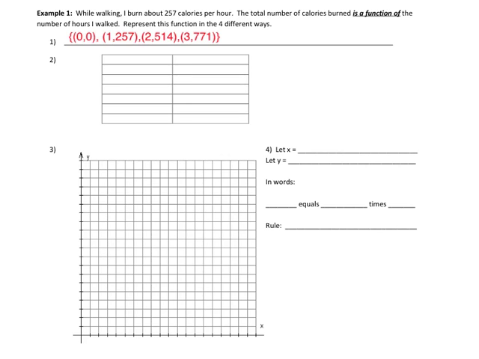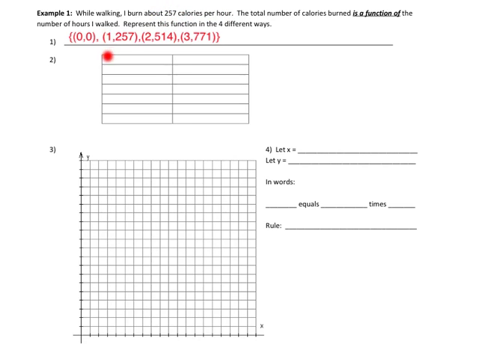The way I came up with the set of ordered pairs is I knew that X was the number of hours I walked. So if I know that I don't walk any hours, I won't have burned any calories. So (0, 0) is a point. If I walk 1 hour, it says up here, I burn 257 calories per hour.